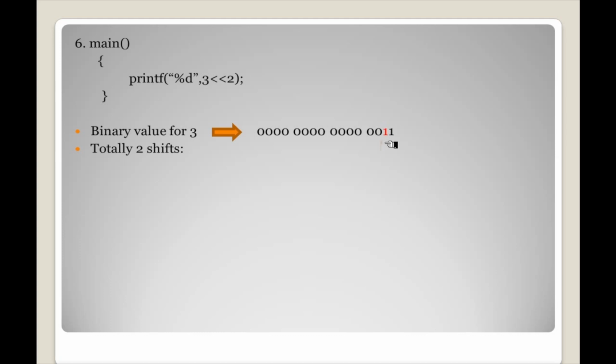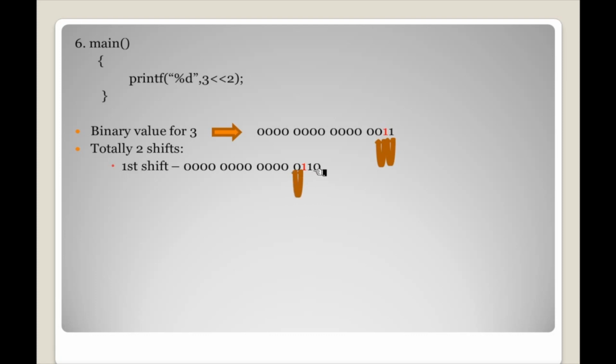That is, the bit from second position is moved to third position, the bit from first position is moved to second position. After the first shift, the binary value will be 0, 1, 1, 0 at the LSB, and the remaining bits at the MSB will be 0.